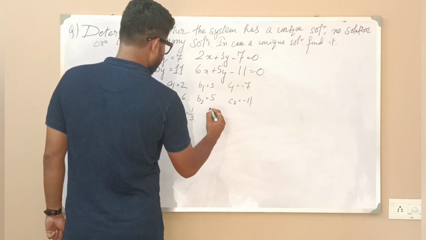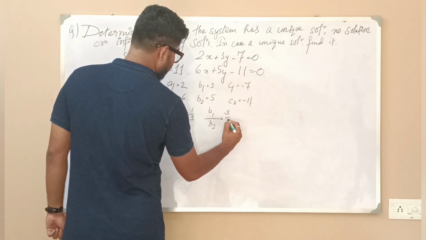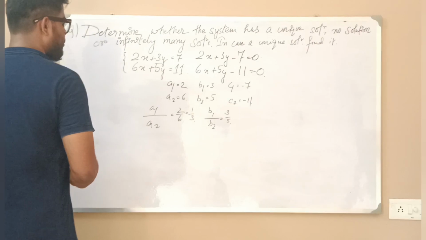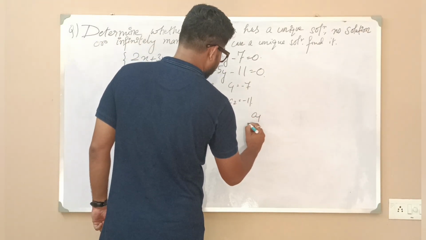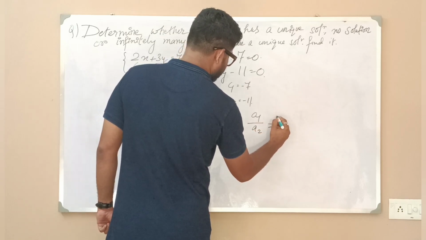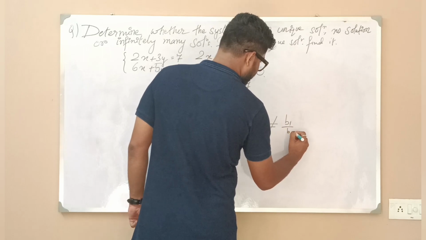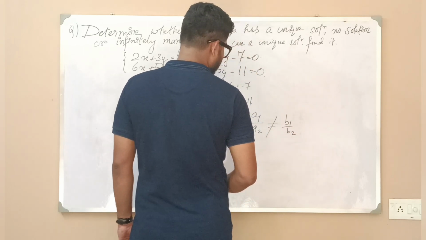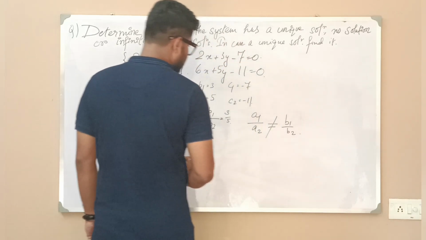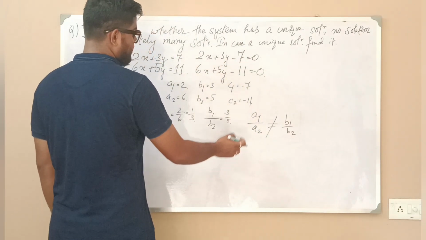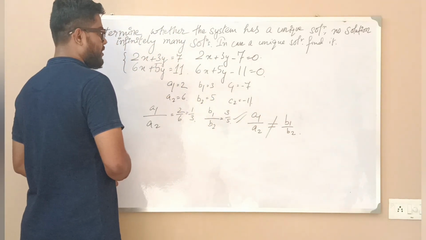Again b1 by b2 equals to 3 by 5. So we can write that a1 by a2 not equals to b1 by b2. So it has a unique solution, because this is the condition we have satisfied.